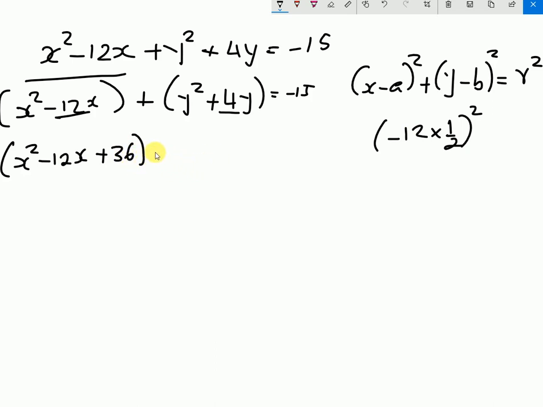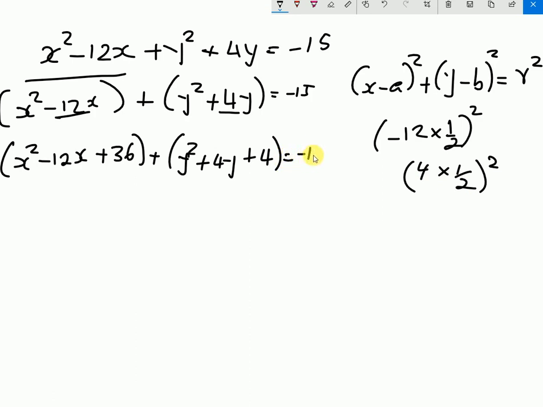Continue grouping it, plus. This one here, you do the same. 4 multiplied by half, squared. You complete the square, y² + 4y, plus 4, because 2 squared is 4.